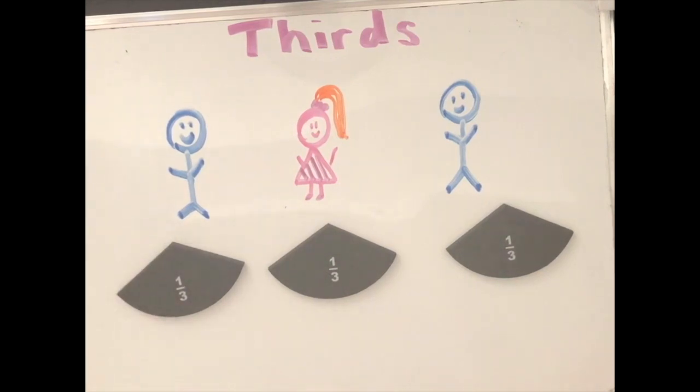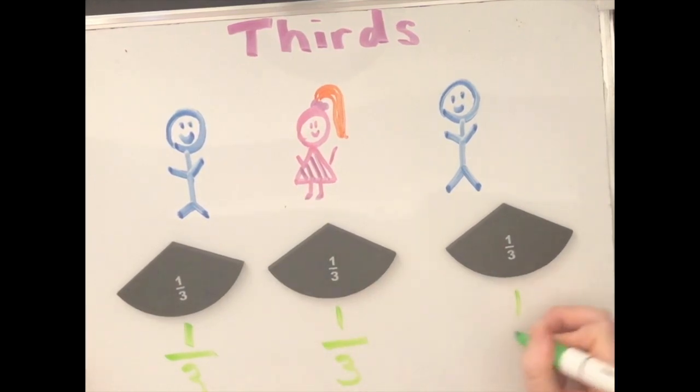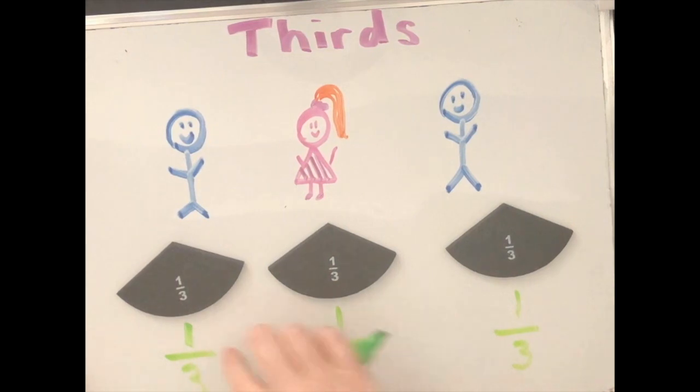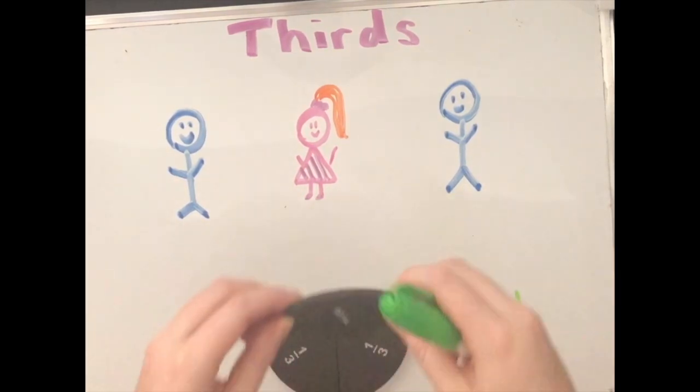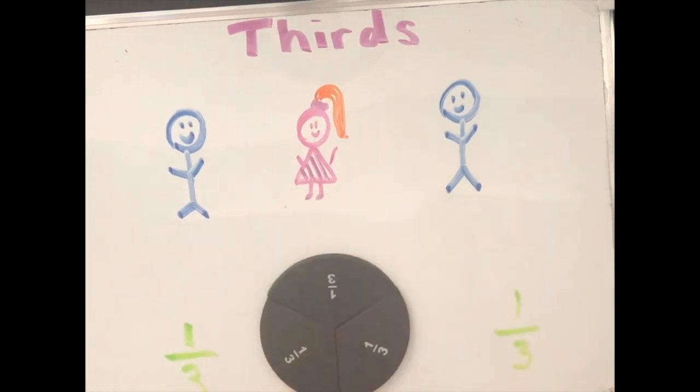Tom has 1/3, Jerry has the second third, and Katie has the last third. This is how we write thirds. 1 out of 3, 1/3. 1, 2, 3. 3 thirds. If we put them back together, it will make a whole, the whole pizza that we had before.